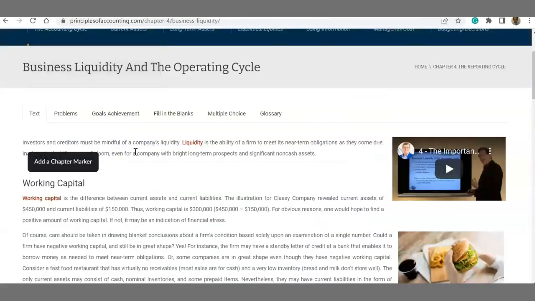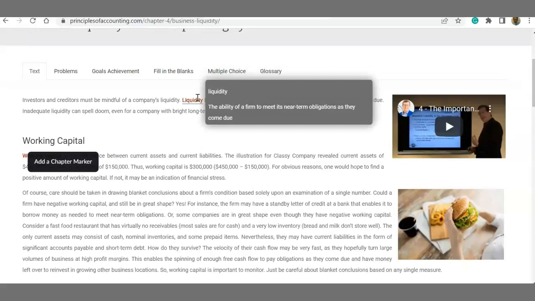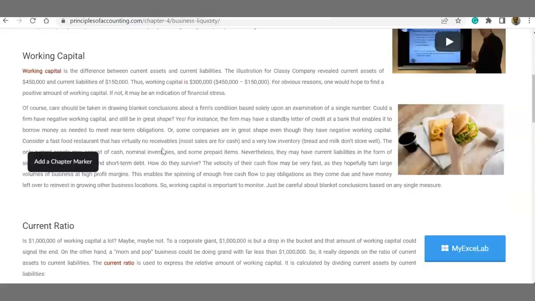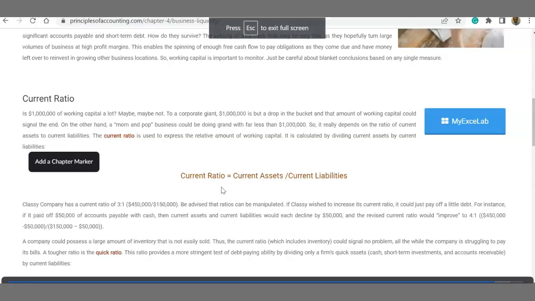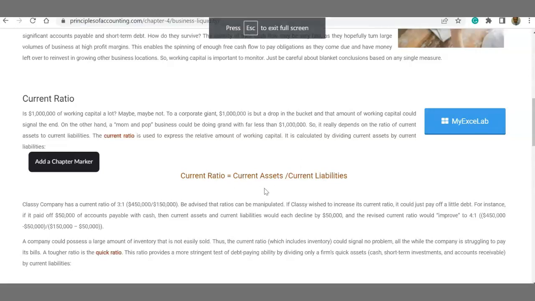Okay, so for liquidity, again, this is the ability of a firm to meet near-term obligations as they come due. That's what we like to look at. There are a few ratios. I just talked about the current ratio with you. Current ratio is current assets divided by current liabilities, one of the very good types of liquidity ratios, which I suggest you use in your PowerPoint presentation.